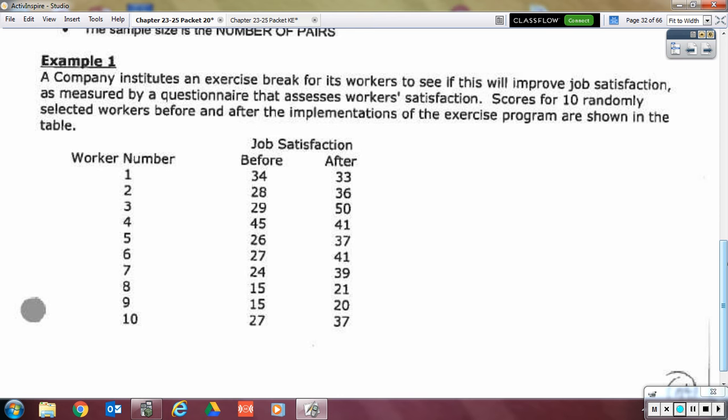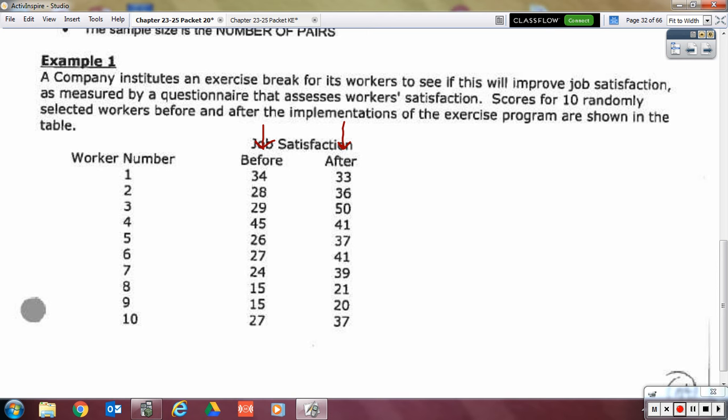Okay, so you see that we've got data that was taken at this particular time and data that was taken at this particular time. What is different about this than what we had done yesterday? Yesterday we had two sets of numbers also.